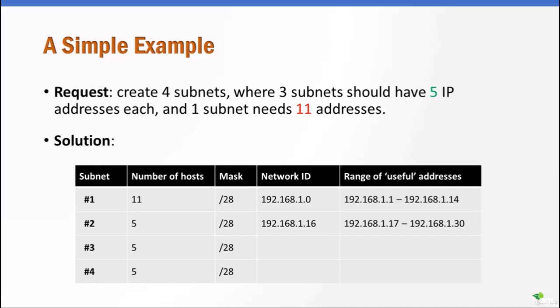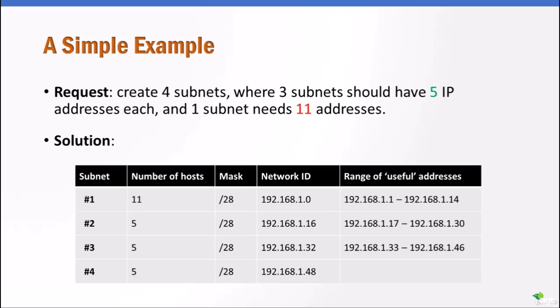And then 31 will be the broadcast IP address for the second subnet. And then the network ID for the third subnet is going to be 192.168.1.32. And then again, we're going to use the next 16 IP addresses in that subnet, where 192.168.1.47 is going to be broadcast.